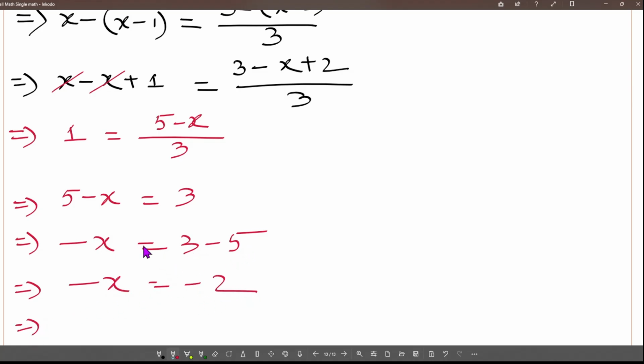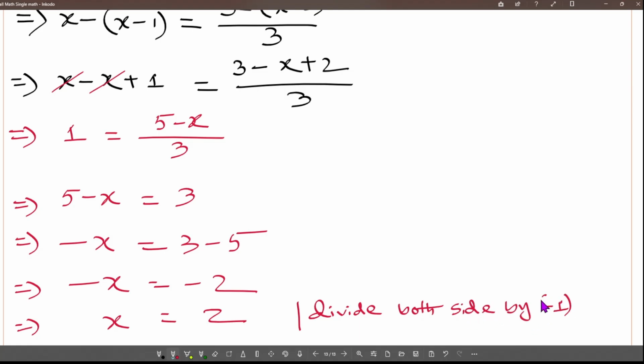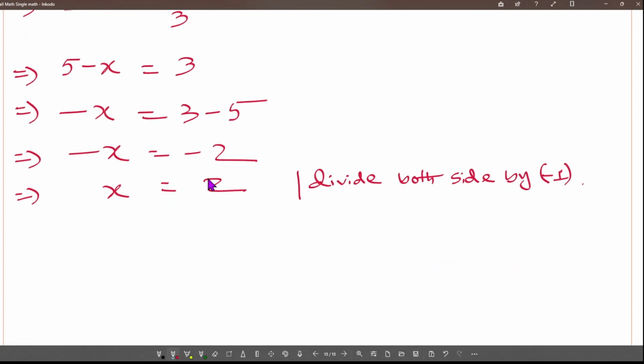We can divide both sides by minus 1, so x equals 2. Okay, very simple: x equals 2.